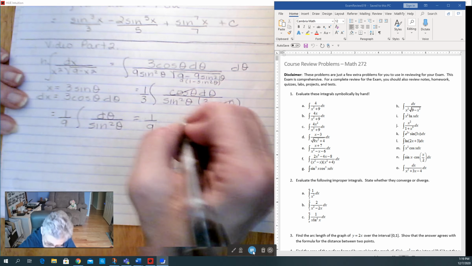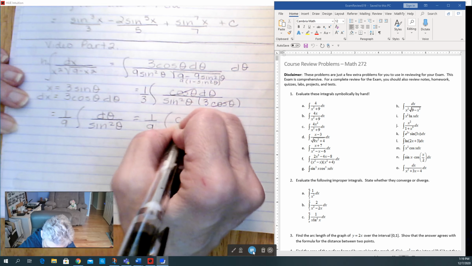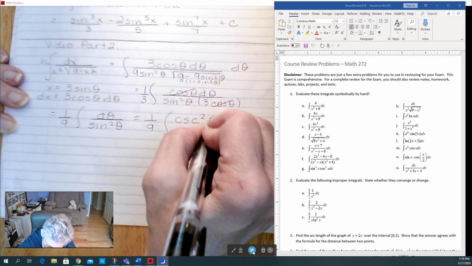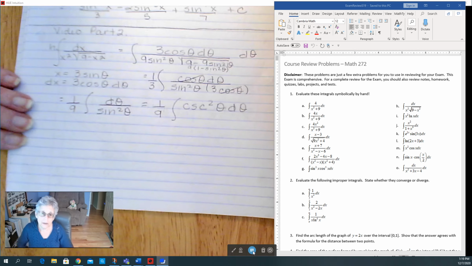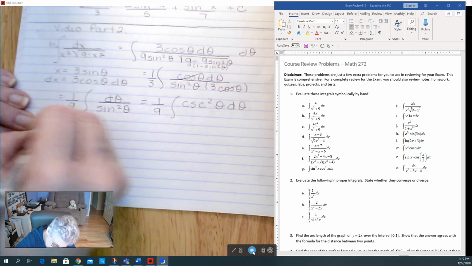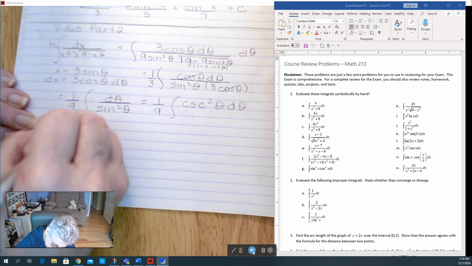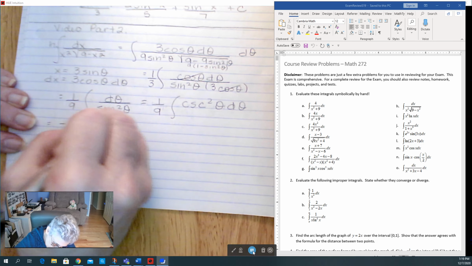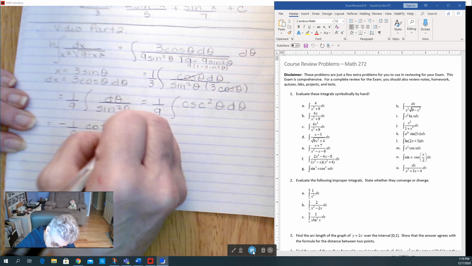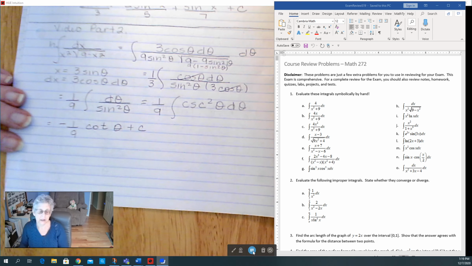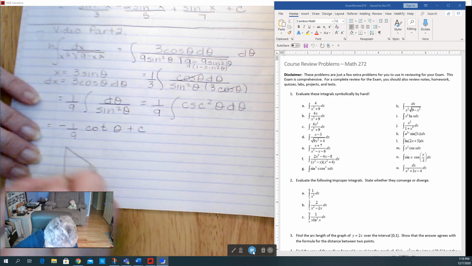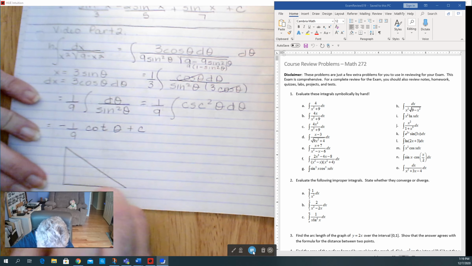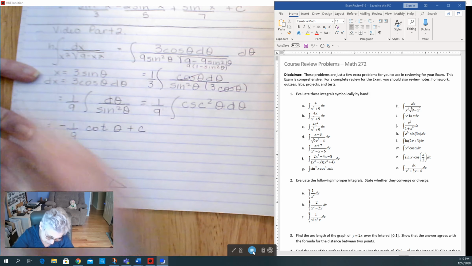1 over sine squared is cosecant squared of theta, and the integral of cosecant squared is negative cotangent of theta plus a constant. Draw my triangle. Theta is right here.